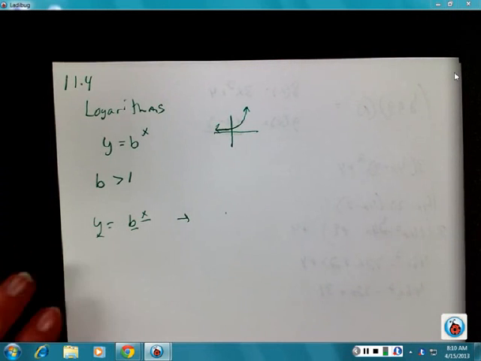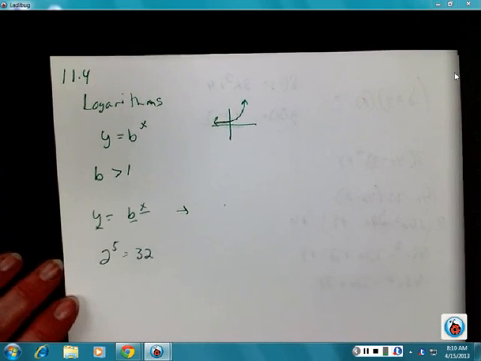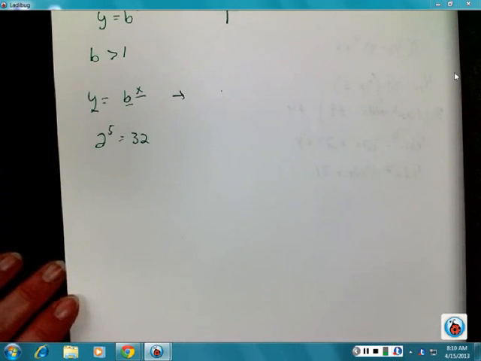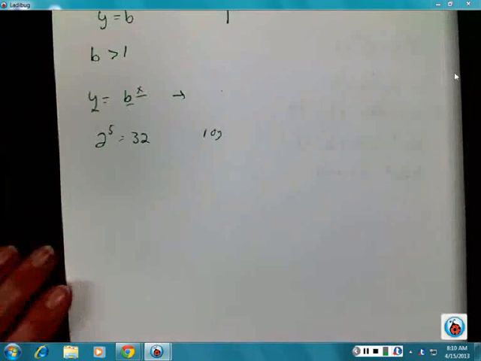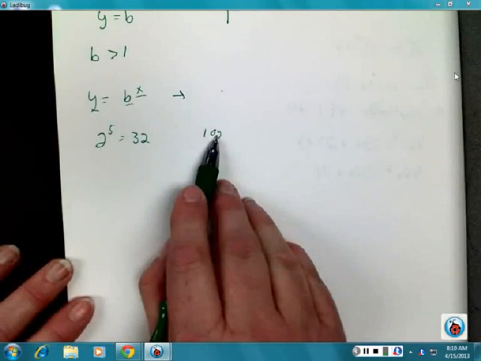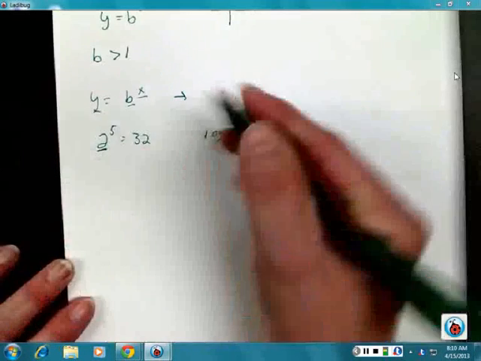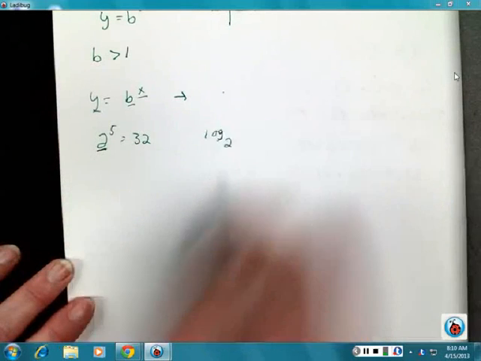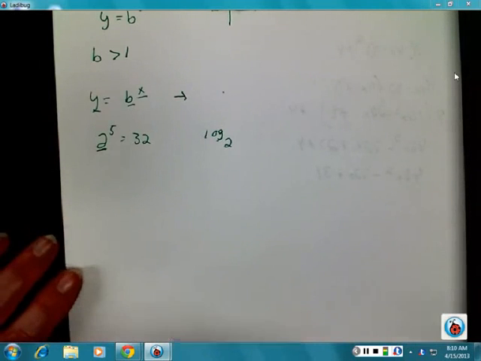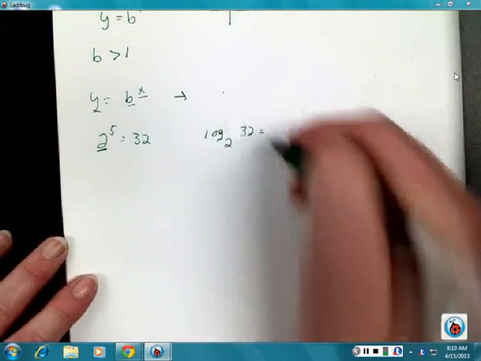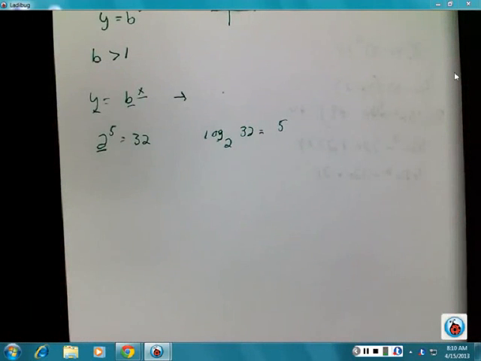Let's say we have 2 to the 5th power is equal to 32. We all agree to that? If you put 2 to the 5th power on your calculator, it would be equal to 32. So in our log, if we do a reverse of this, we're going to have a log. We take what our base happens to be and put it down here as the little subscript that goes with our log. And then we take what it's equal to and put that next to it. And this whole thing, if we calculated it out, would come out to be equal to 5.